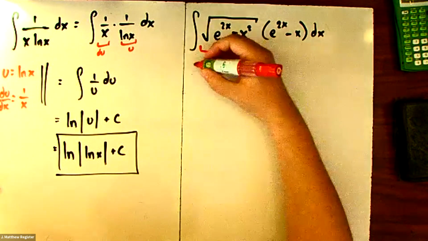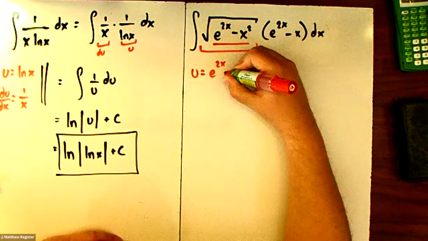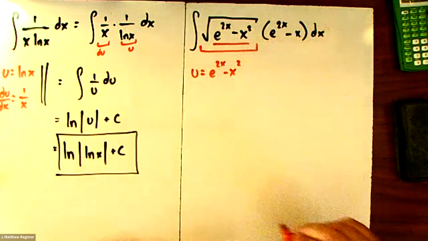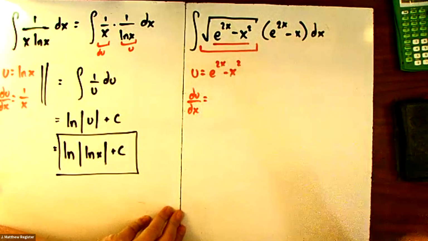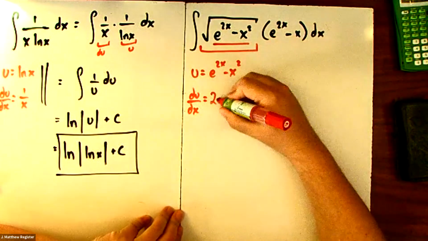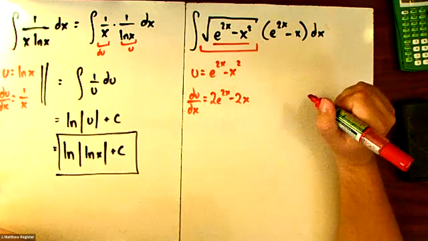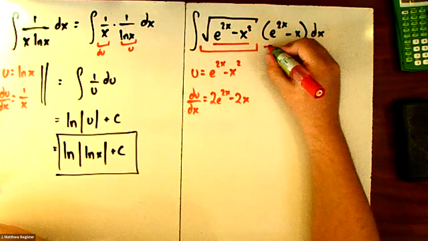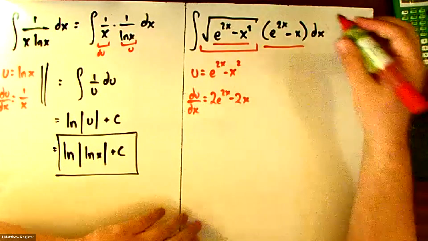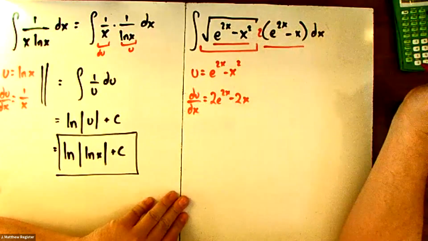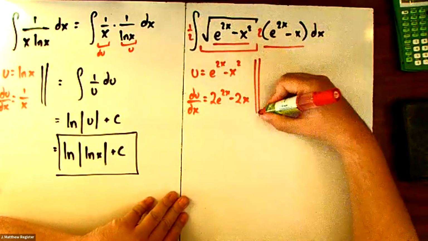And so if we let u be that interior function, e to the 2x minus x squared, then our du dx is going to be equal to 2e to the 2x minus 2x. And we almost have that here. The only thing we're missing is a factor of 2. And so we can put a 2 in there as long as we balance it out with a 1/2.